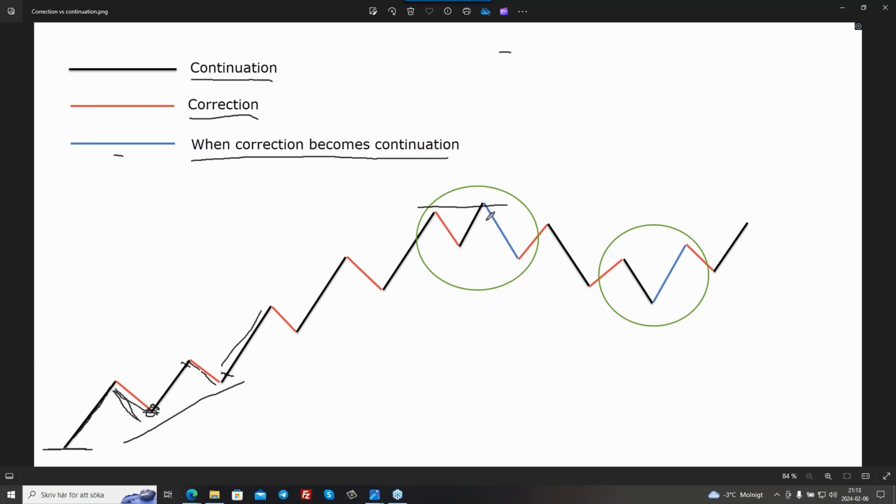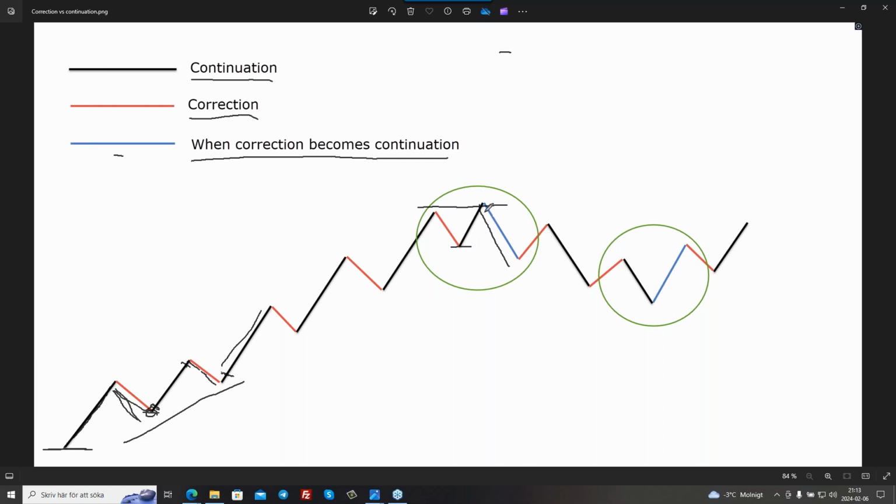So at some point you are trading the correction, but now the correction becomes continuation. Why? Because we did a structure damage. Okay, that's super, super important. Violation of structure.